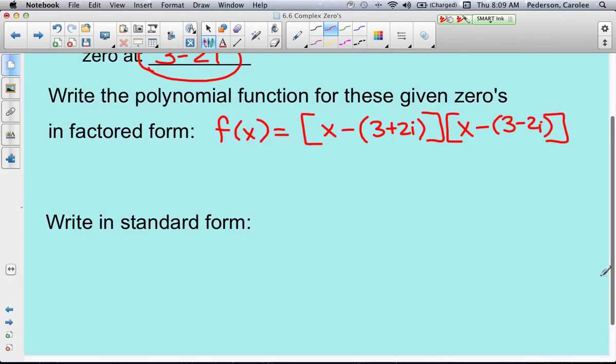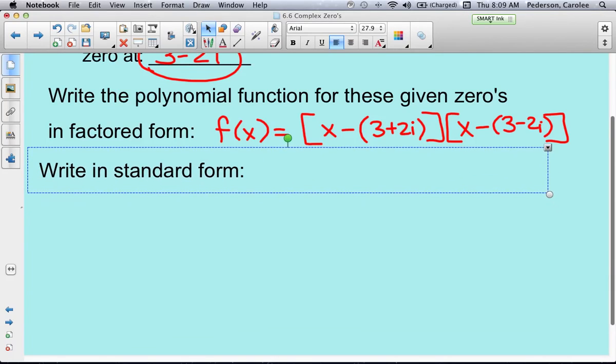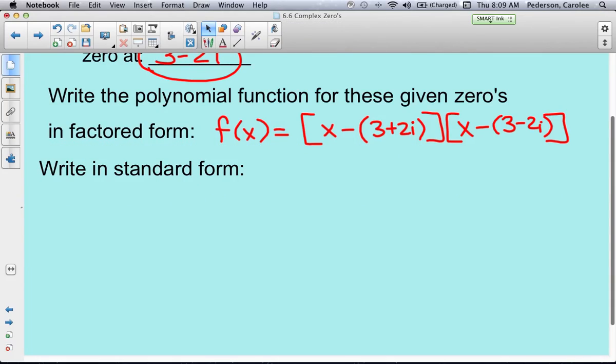This is a little bit of a challenge, so you'll need to watch closely on it. So what we want to do is we want to FOIL this question. So it's a good idea maybe to distribute that negative through the parentheses. So let's do that next.